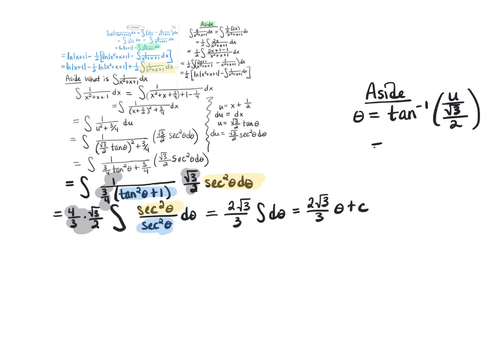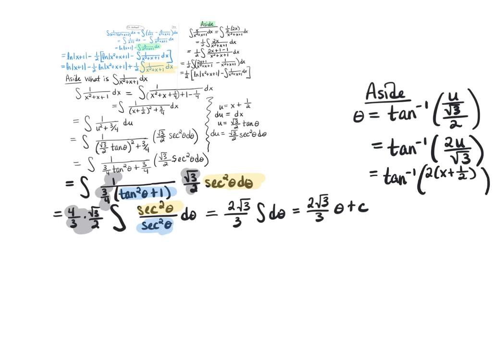And that's equal to tangent inverse of 2u over square root of 3. So we know u is x plus 1/2, so you can put the x plus 1/2 in here. That's equal to tangent inverse of 2 times x plus 1/2, which you're going to distribute that 2, all over the square root of 3.